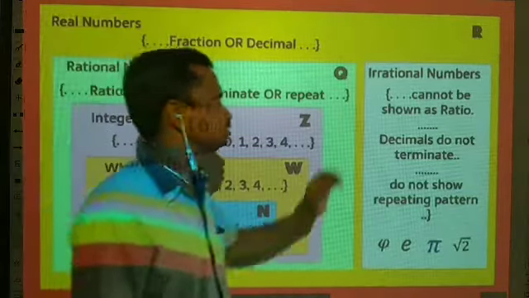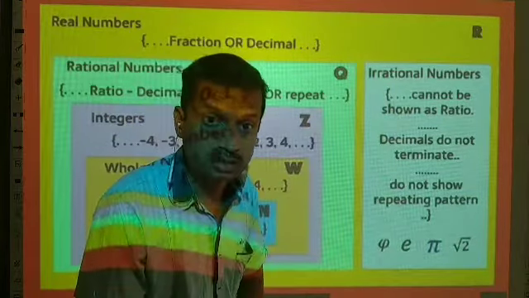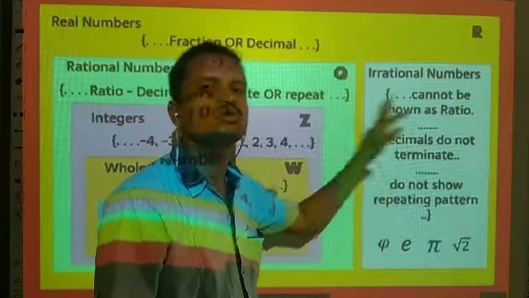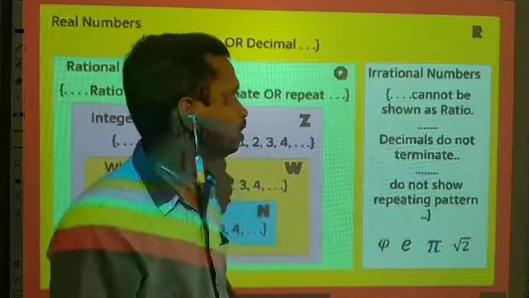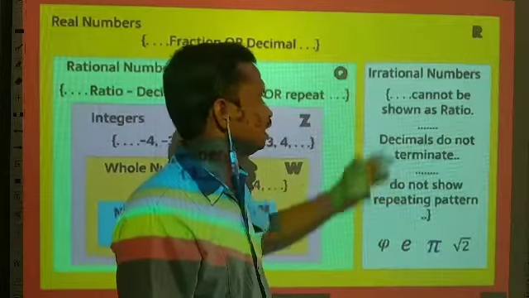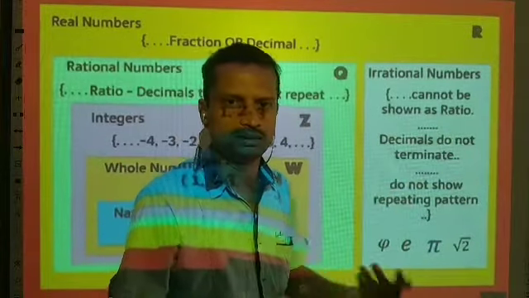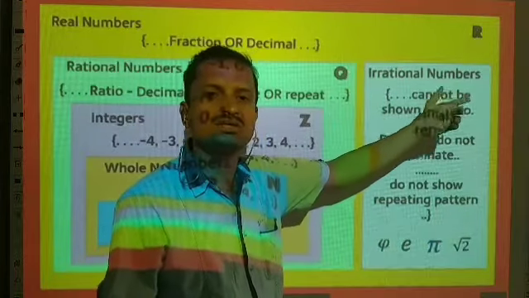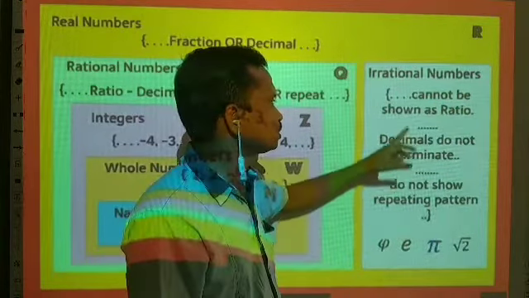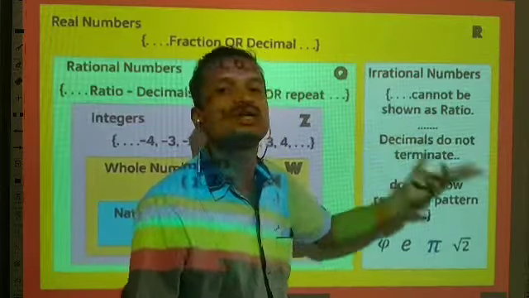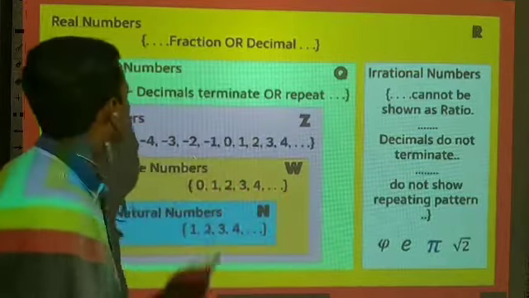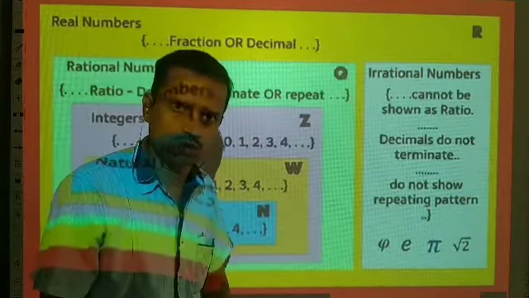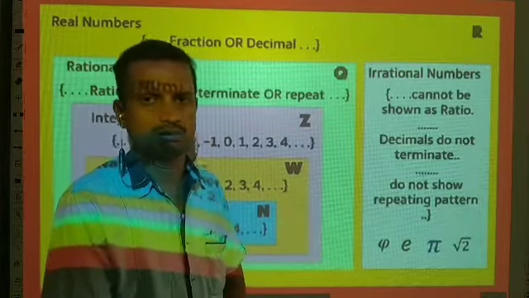And coming to the next, irrational. So this is the new part here. Opposite to rational is irrational. For irrational numbers, we can put the letter Q dash, like that. Q is rational means Q dash is irrational, which cannot be shown as a ratio. Rational numbers we can show as a ratio, for example 2/3.